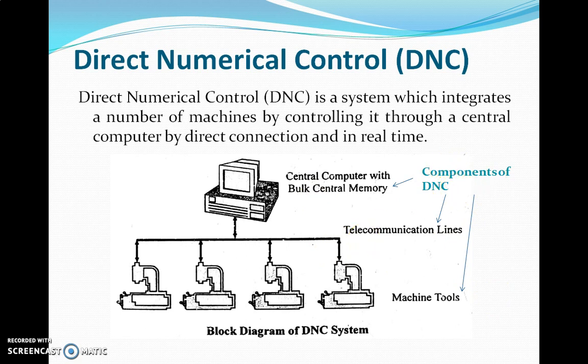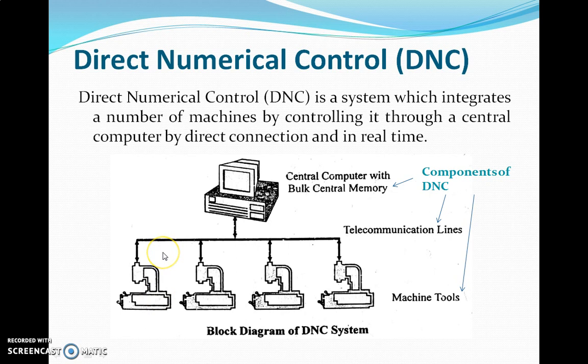Basically, DNC is a system where we have only one computer which controls all the machine tools attached to it. Now let us consider we have CNC machines, and as this block diagram says, there are 4 machine tools. If we use 4 CNC machines, we will have a computer attached to each machine tool.